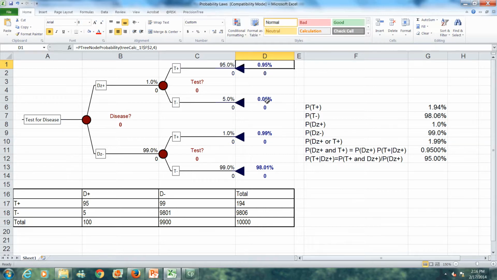If we move down to this next cell, we see that 0.05% of the people have the disease but tested negative. And that would be a number that we would like to get as close to 0 as possible. Continuing down, you can see that among the people who don't have the disease, 1% of them tested positive. And that's almost 1% of the total population.